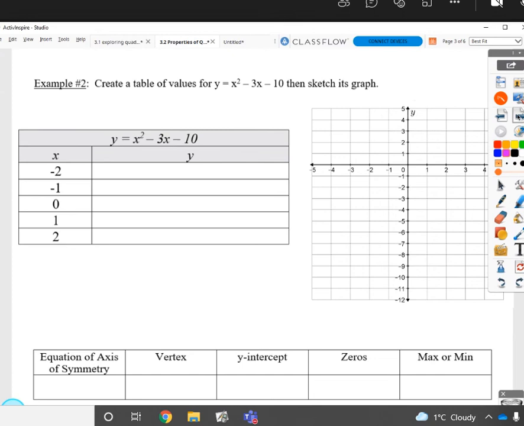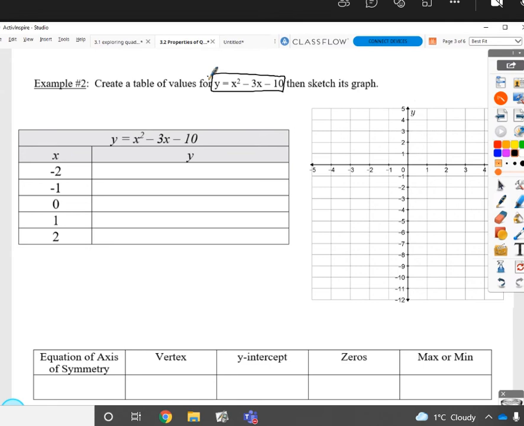Now, we're given a real nasty one here. It says create a table of values for this guy here. Okay, here we go. We got y equals x squared minus 3x minus 10. And I wrote it here for you in the table. I also left a ton of room in that y part, and I'll tell you why.